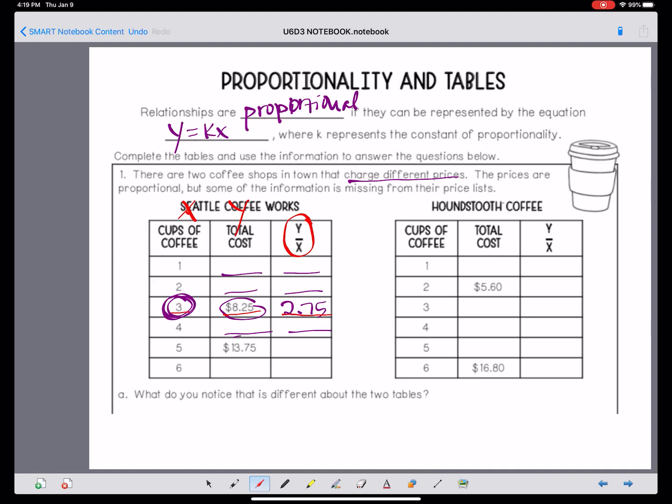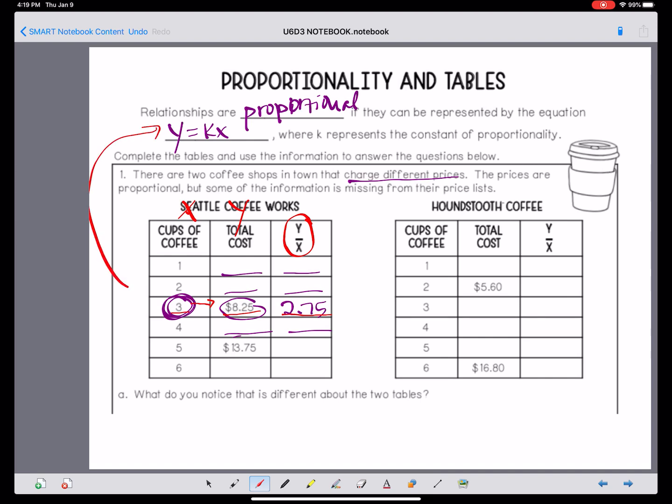Well, to see if it really is a constant, we will have to do all of these. So that also means that to go from 3 to $8.25, I can just multiply 3 by 2.75. I know that because of this equation right here.